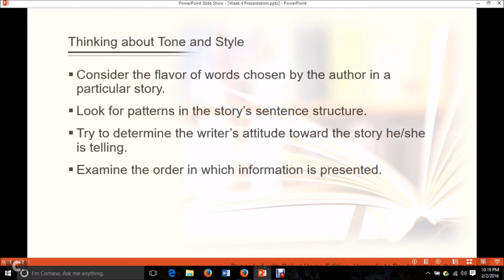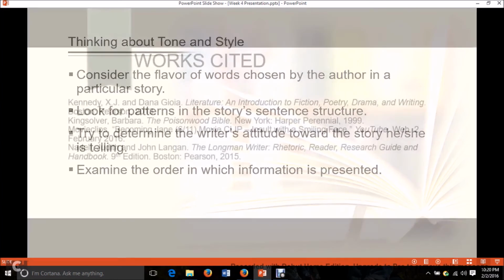Are there flashbacks? Is there foreshadowing? Does the author tell you what's going to happen in the end at the very beginning of the story and then reveal the details? Are they trying to shock you with startling plot twists? So examine the order of the information, the organization, to understand the style of the author.